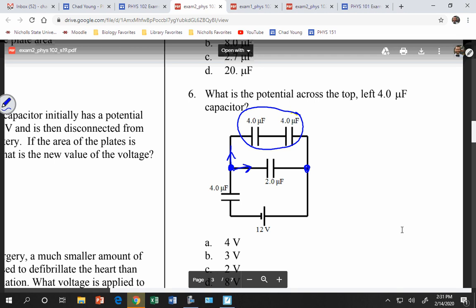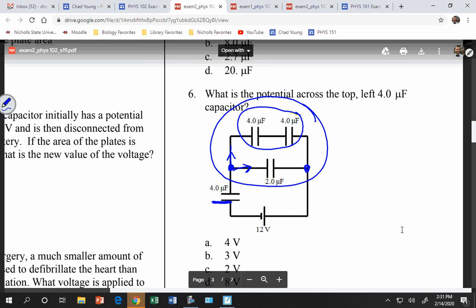And so I have these 2 4 microfarad capacitors that are in parallel with this one. And then all of this stuff right here is in parallel or series with the 4 microfarad? Yes, you're amazing. People often miss that, and the reason is they see the corner and they think that it's in parallel, but it's not. The 4 microfarad right here is in series with this whole thing right here.